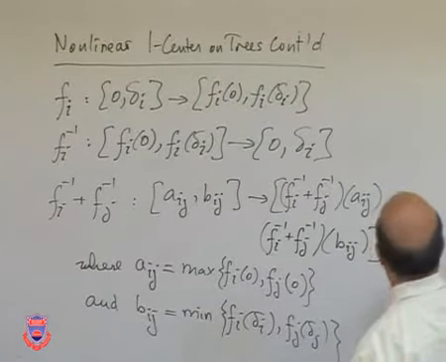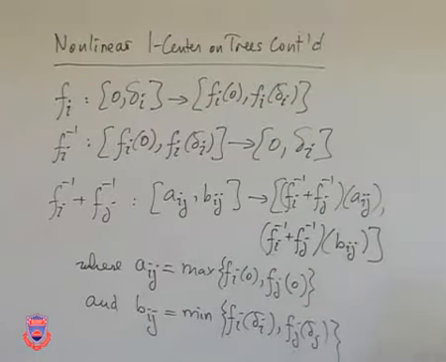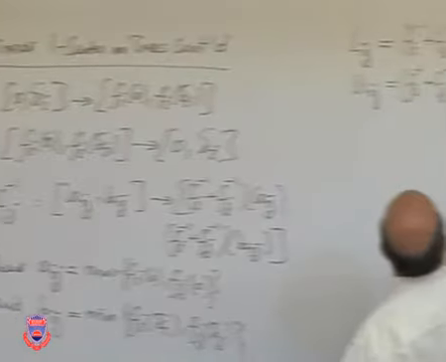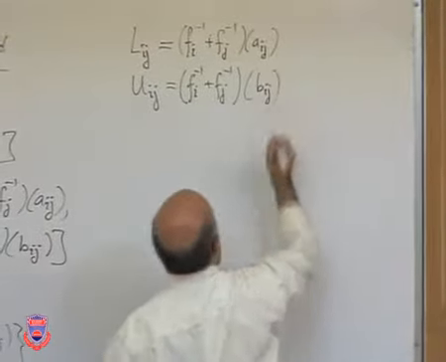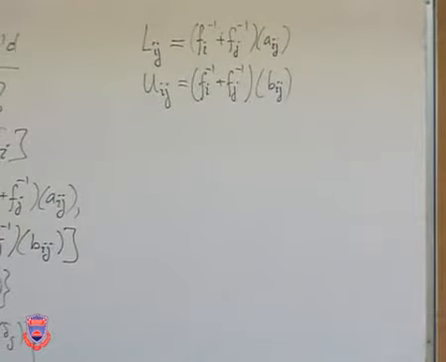Okay, so we defined L_ij to be this one, and U_ij to be the same thing evaluated at the upper end of the domain.